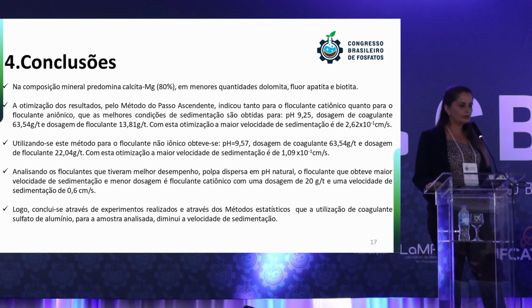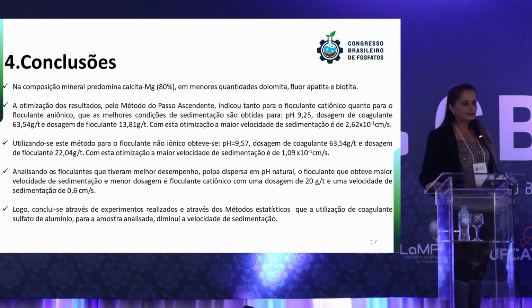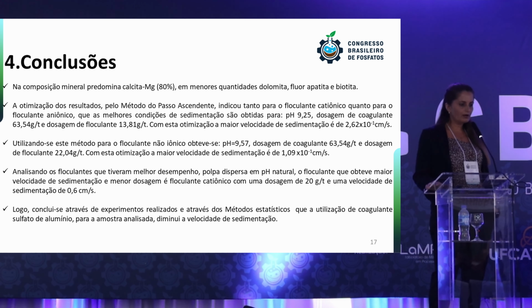And so 63.54 grams per ton was the dose of the coagulant, and 22.04 grams per ton was the dose of the flocculant. And with this optimization, the highest speed of sedimentation was 1.09 times 10 to the minus 1 centimeters per second.